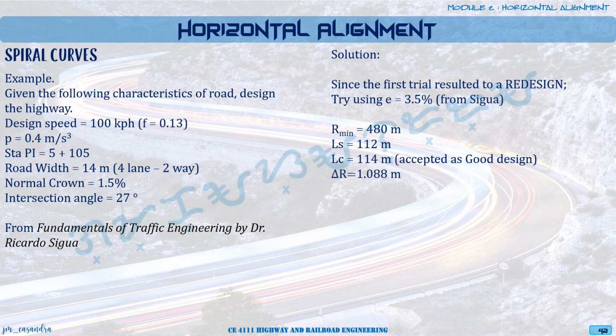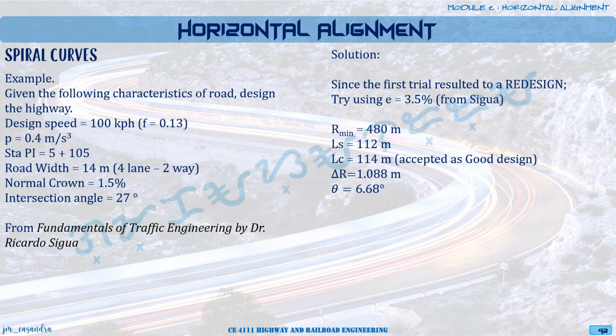And then the delta R is at 1.08 feet. It's greater than 0.2 meters, so there was still a need for provision of a spiral curve. And then we have theta C, which was 6.68 degrees in the computation using E equal to 3.5%.